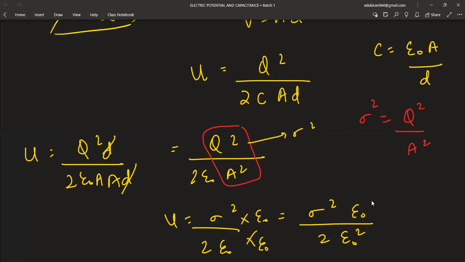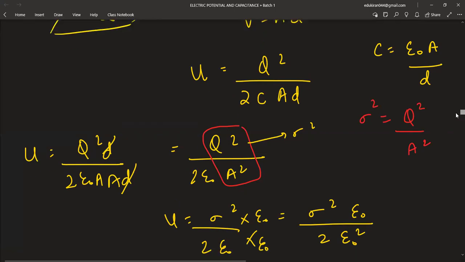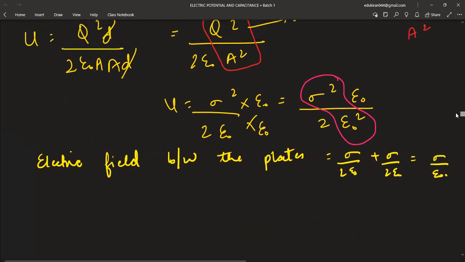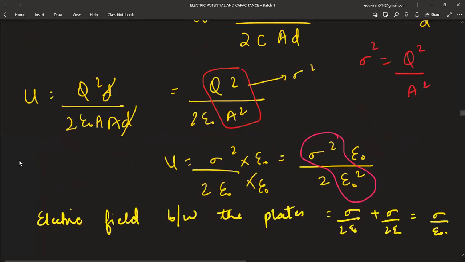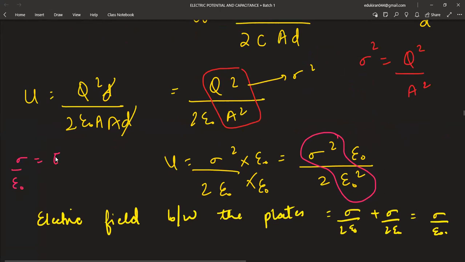Now class, look again at one thing. Sigma square by epsilon naught square is what? The electric field was sigma by epsilon naught.